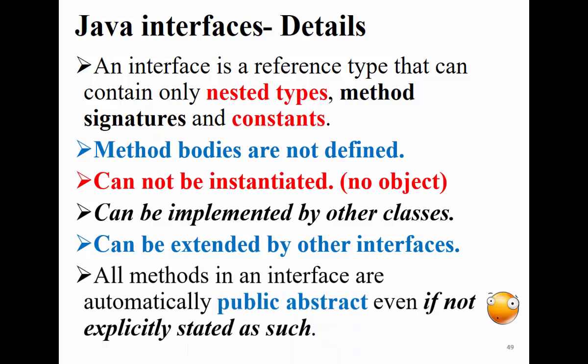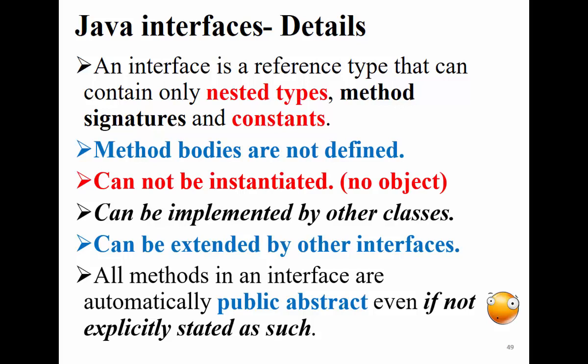All the methods in the interface are, by default, public abstract methods. Again, I know it's not part of your class. What is abstract? It's another type of class. You can create a class, you can create an abstract class, and you can create an interface. But to be able to understand the collections, we need to understand what the interface is.